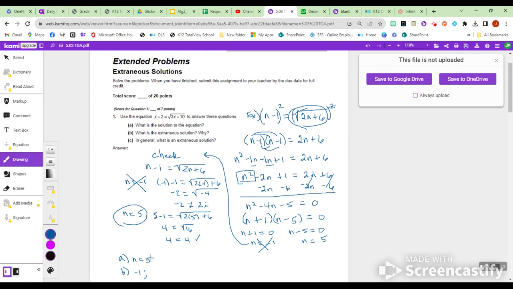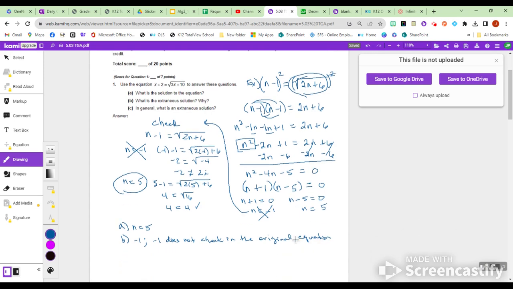Why? And I would write something like, -1 does not check in the original equation. You could say -1 is not a solution to the original equation.